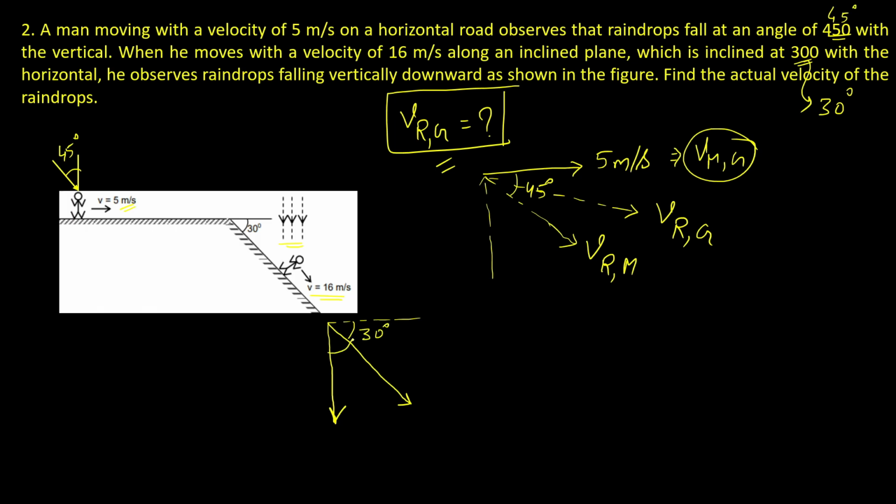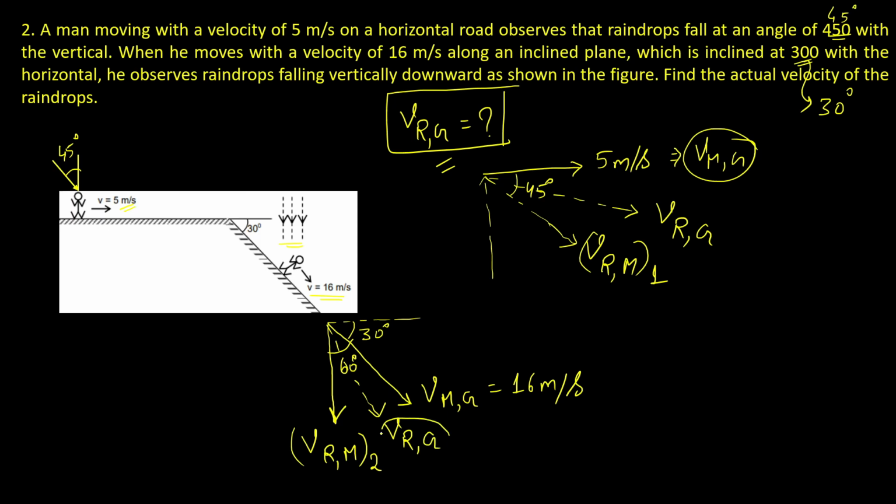So this will be what? 60 degrees. Okay, and this is the velocity of man with respect to ground, that is 16 meters per second, and this is the velocity of rain with respect to man. Let us write this 2 and let us write this 1 again. So here also the resultant will be somewhere, say here, velocity of rain with respect to ground. This is not going to change. The direction and the magnitude both must be the same in both these cases.